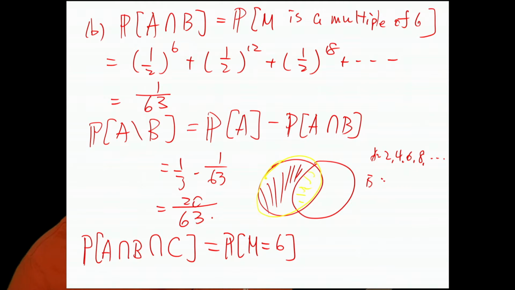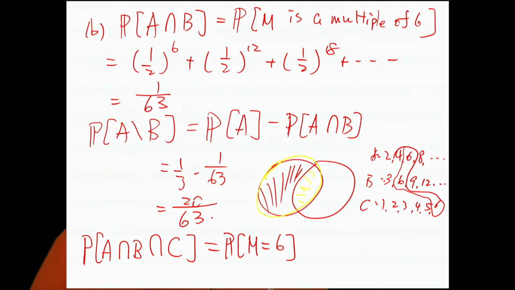And B is a multiple of 3, so it's 3, 6, 9, 12, and so on. And C is 1, 2, 3, 4, 5, 6. So the common number is 6. So it's 1 over 2 to the 6, which is 1 over 64.